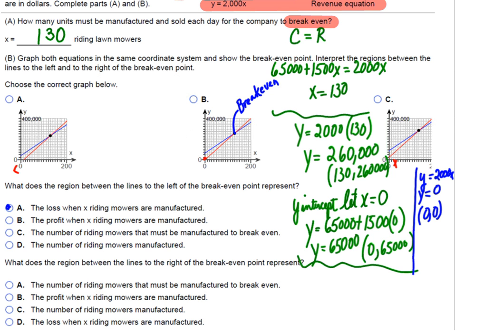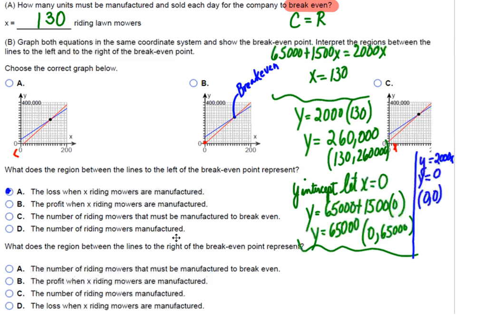And what does the region between the lines to the right of the break-even point represent? It represents profit. That's where we all want to be. Profit when x riding mowers are manufactured. So we have profit here.